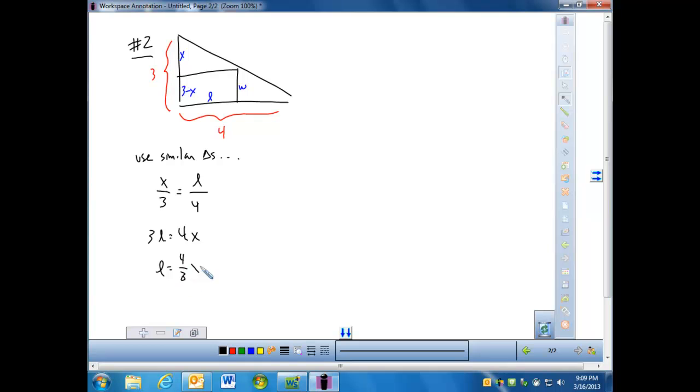And so now I'm going to try to maximize that area. And so again, remember, L is now 4/3 x, and W is really 3 minus x. So as I plug those in and write it all in terms of x, this is what my function looks like, and I distribute it out, and I get 4x minus 4/3 x squared.